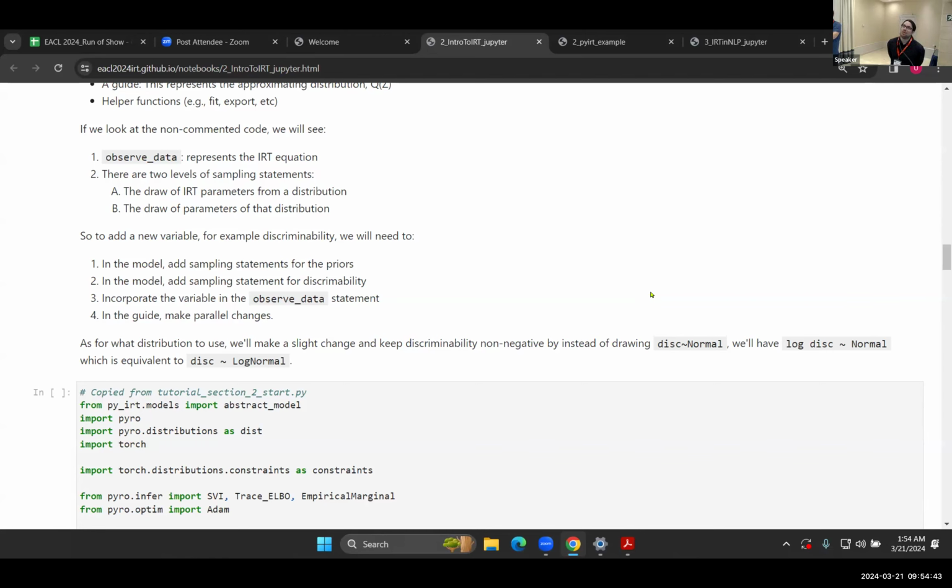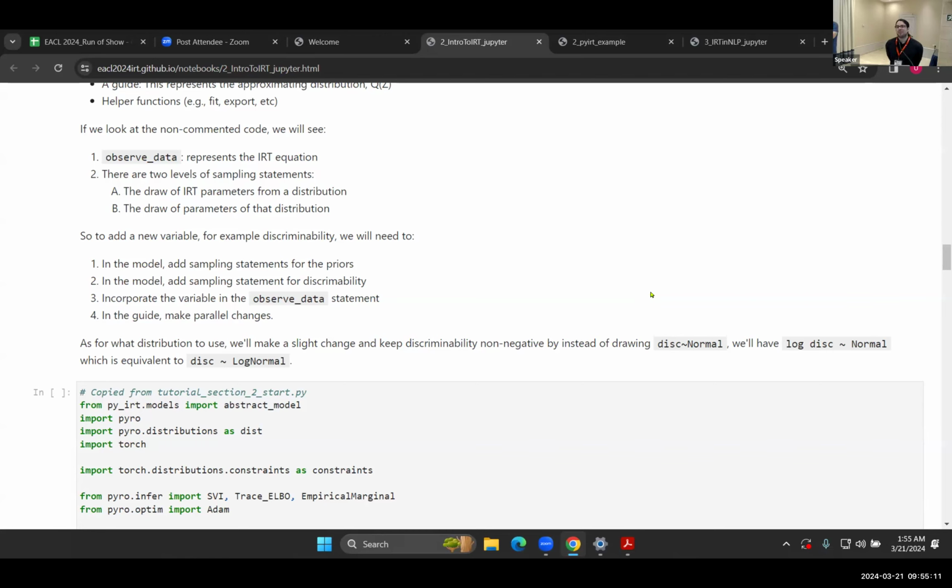Where could that be helpful? If we have a dataset where we strongly suspect some examples have bad labels. For example, if I have a question like who was the president of the US in a certain year, and the labeled answer is wrong, then all the models who answer correctly will get punished for it.